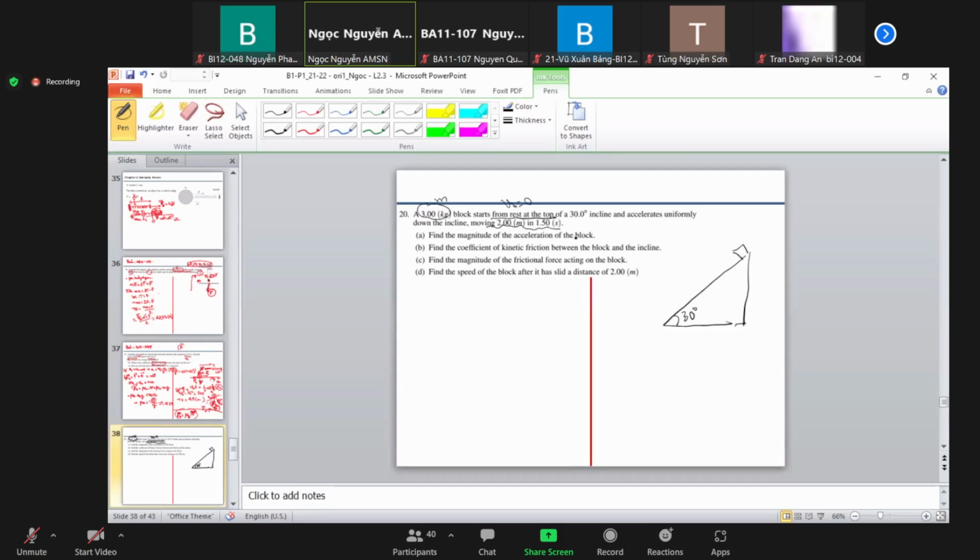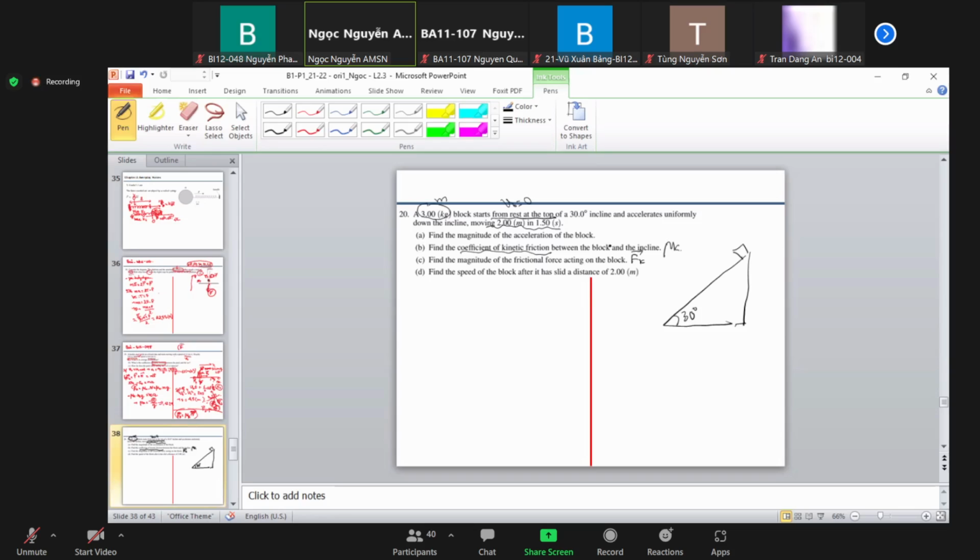Kinetic friction because it's moving, so it will be kinetic friction, not static friction. Here you have to determine mu k and Fk, the kinetic friction.